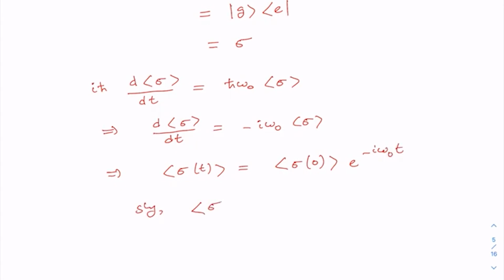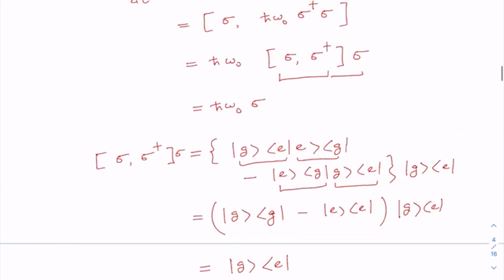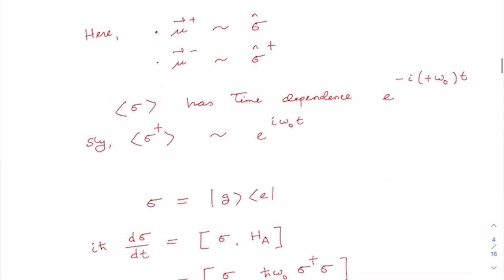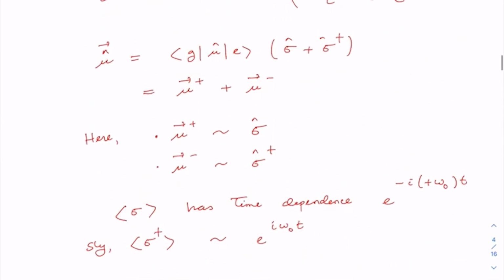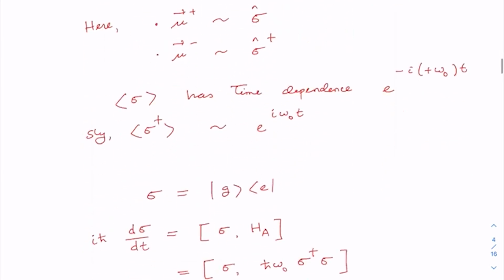Similarly, you can show that σ†(t) equals σ†(0) e^(+iω₀t), and that's the reason we can decompose the atomic dipole moment operator into two parts like this.